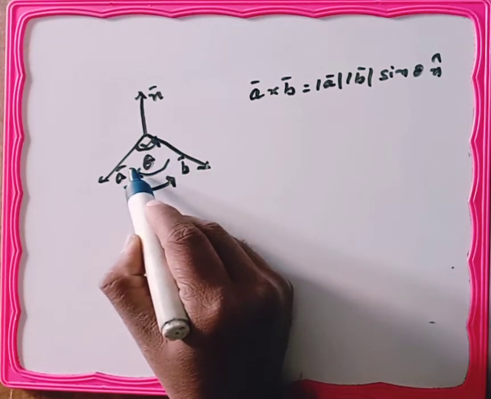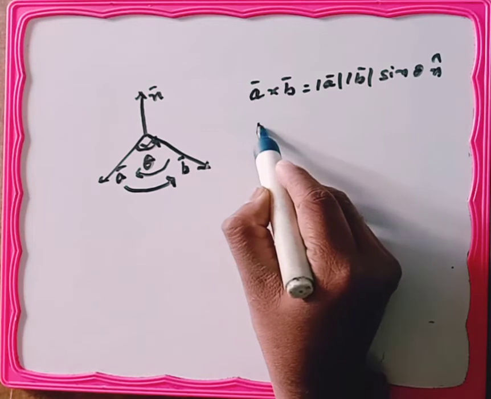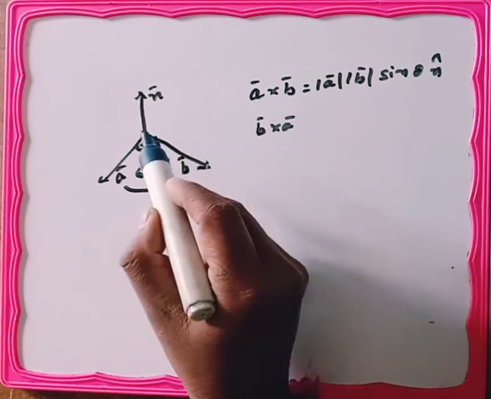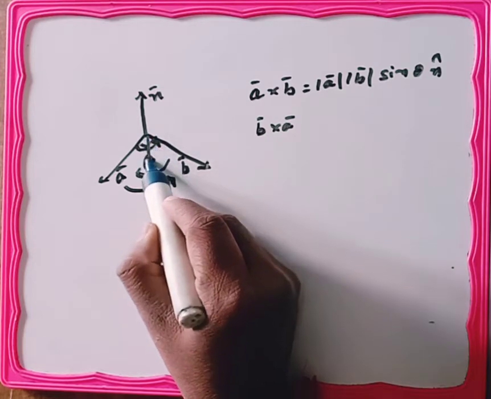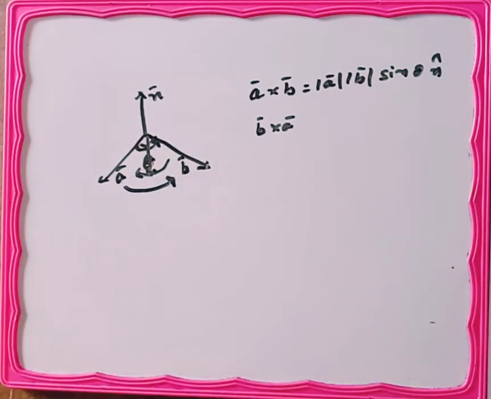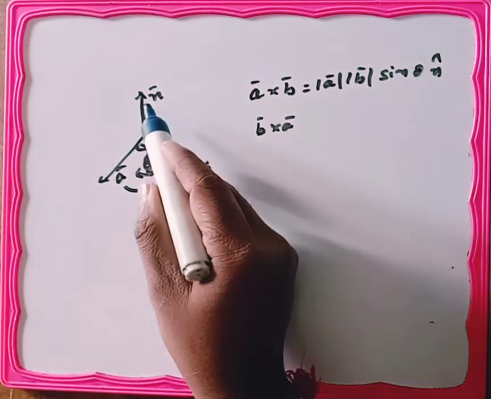then we will write b bar cross a bar, and at that time, with the right hand system, the normal will be perpendicular but downward, meaning opposite to n bar.